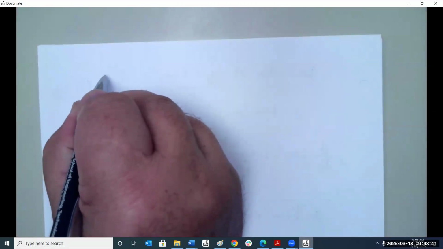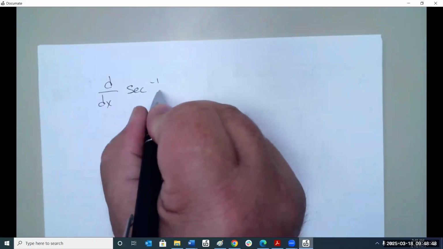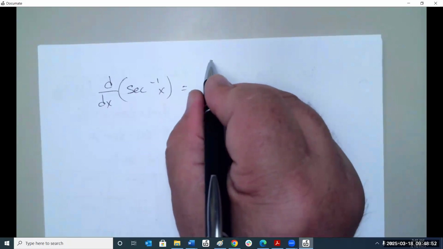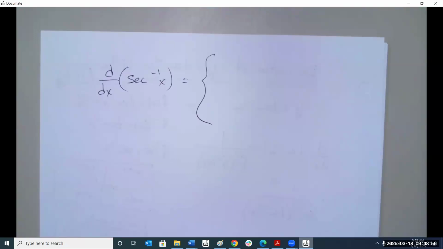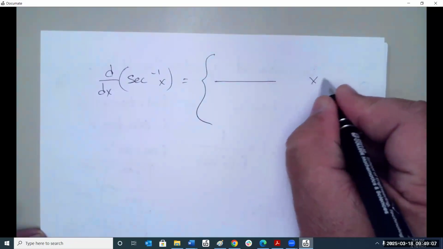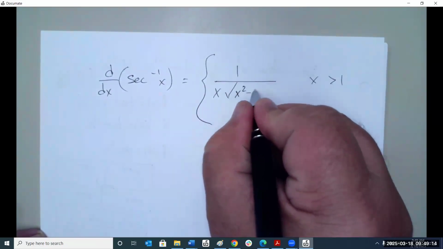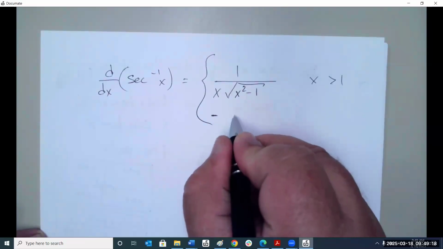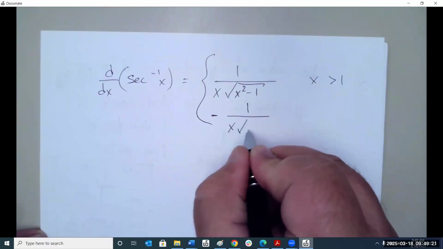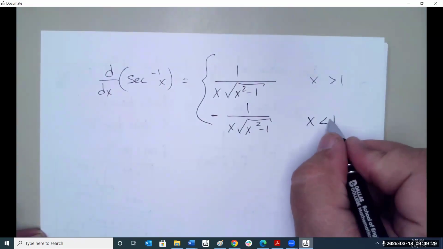Let me see. We had a derivative of inverse secant. Remember, the secant and cosecant were shifted off the x-axis by pi over 2 to pi. So if x is greater than 1, we have this formula. If x is less than negative 1.